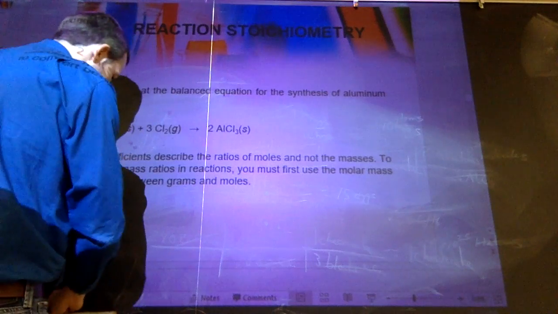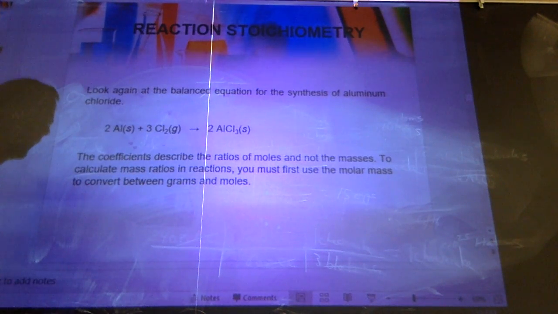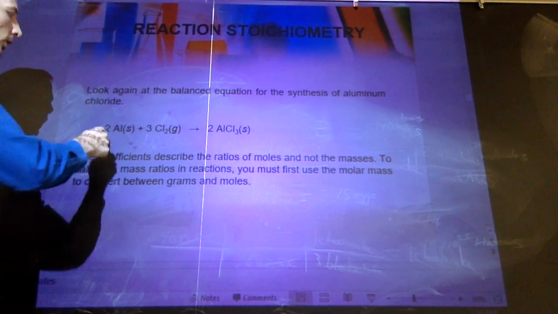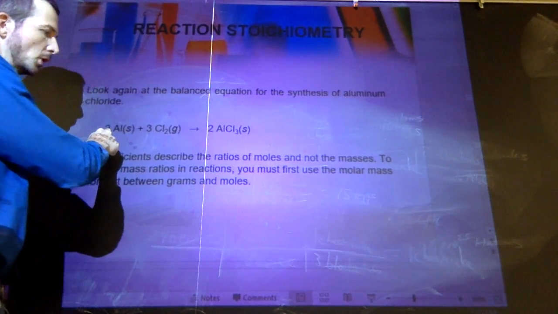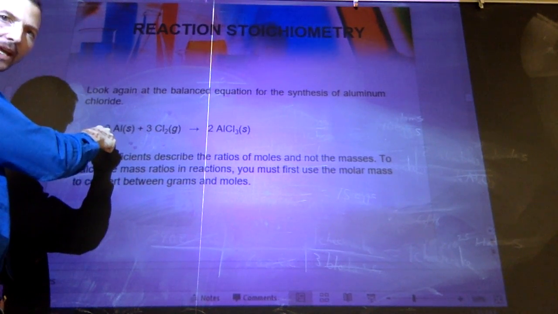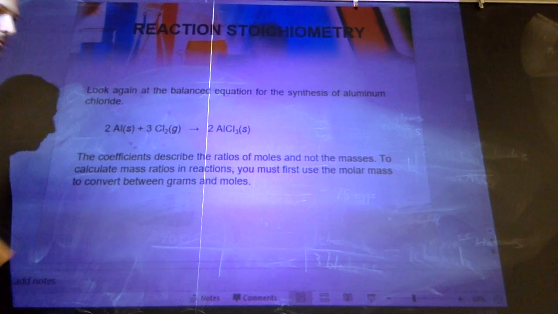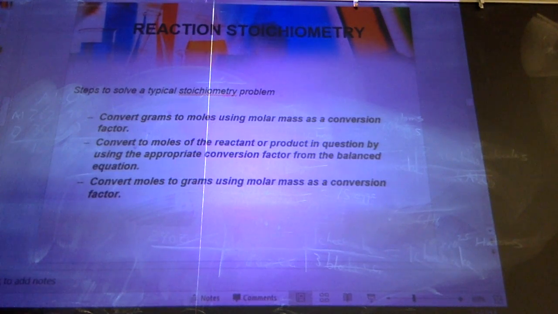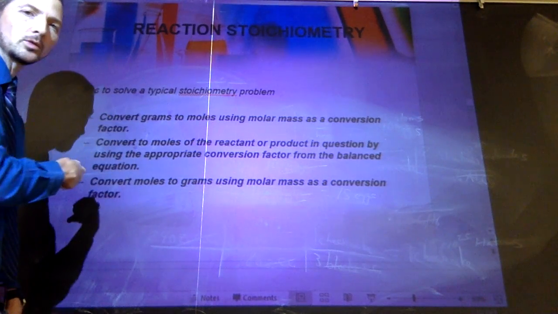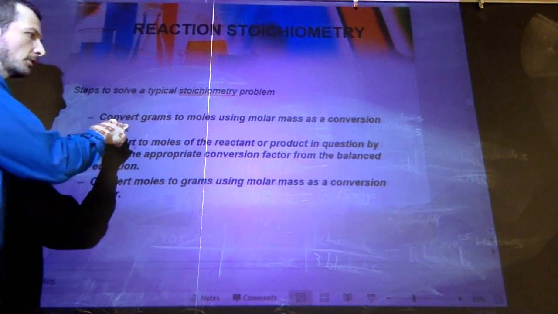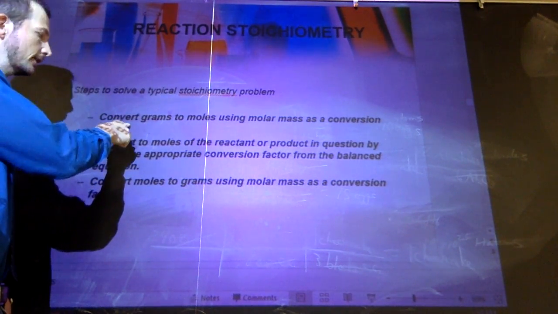Okay, so no longer looking at the cheesecakes. So remember, these describe the number of moles, not the masses. So if you're given the mass, you have to convert to moles. And so these are the steps you use to solve a typical stoichiometry problem. Convert grams to moles using the molar mass.